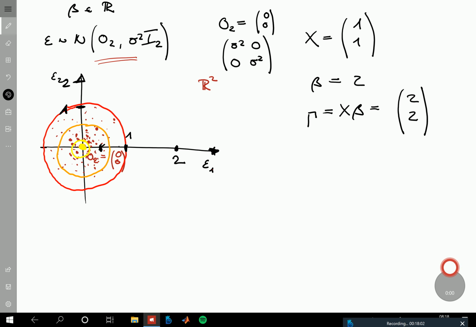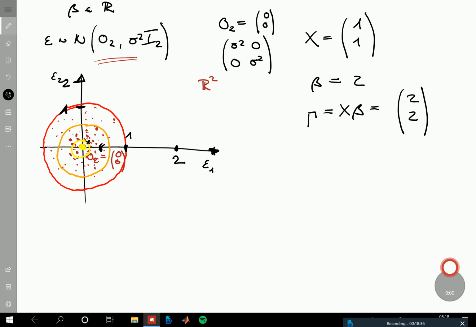If we have sampled this point here, we now have to add 2, 2. So what happens with this point? We will get one additional circle. And where is the circle centered?